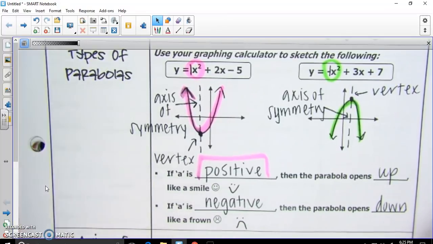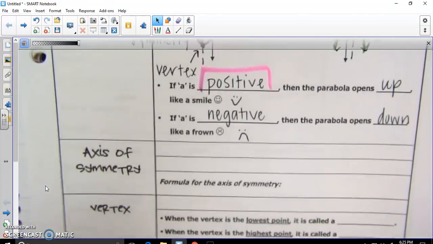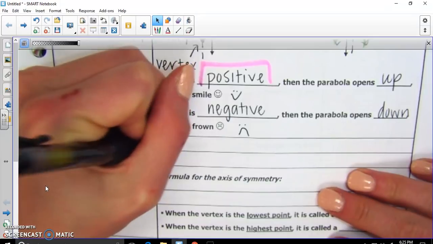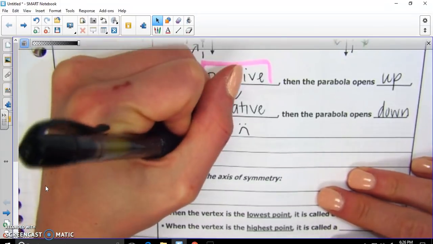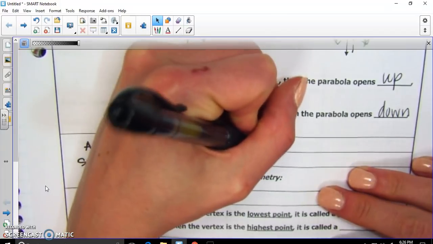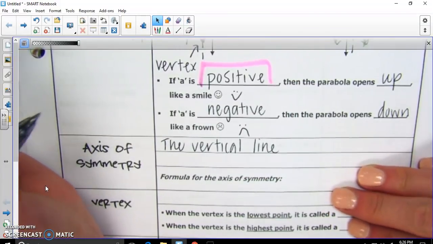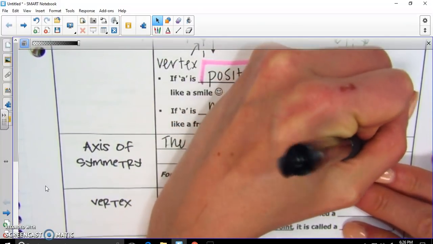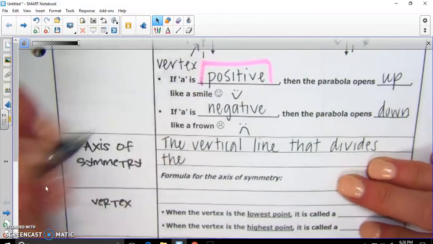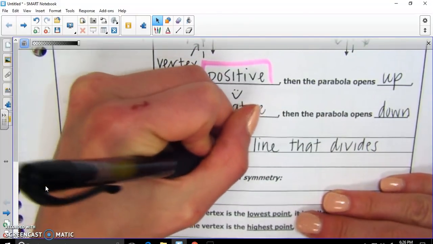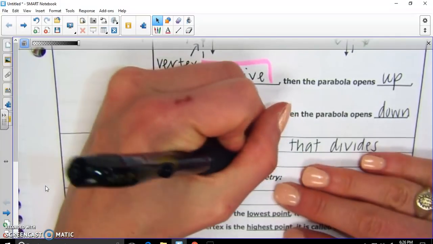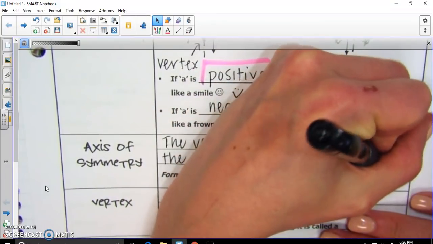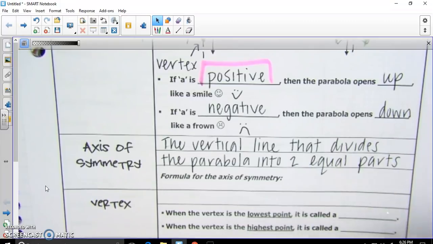So we've labeled the axis of symmetry, but let's make sure we understand what exactly it is. So the axis of symmetry is a vertical line that divides the parabola into two equal parts.